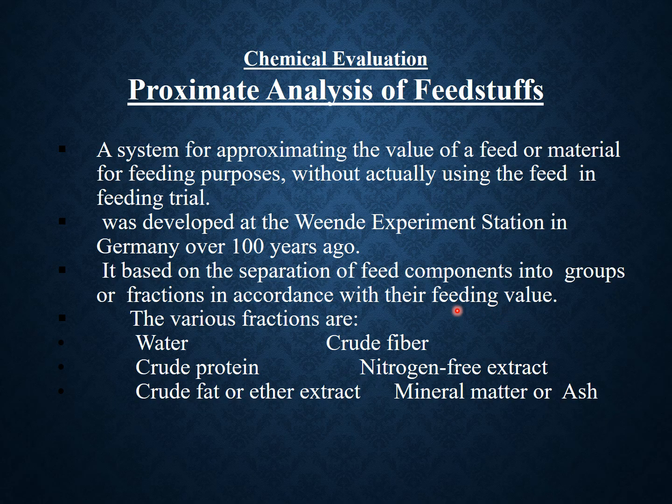The various fractions are water, so you know the percentage of water in this forage or feedstuff. Also, you know the percentage of crude protein, the percentage of crude fat or ether extract as it's called in this test, the percentage of crude fiber, the percentage of nitrogen-free extract, and mineral matter or ash as it's called in this approximate analysis.